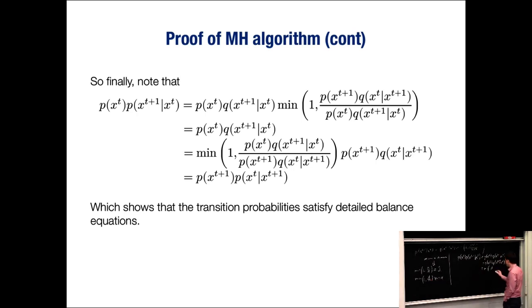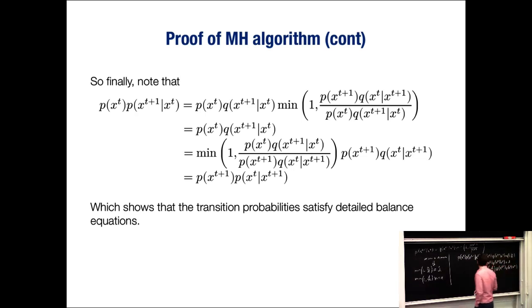Let's write it out: the numerator here is equal to p of xt plus 1 times q of xt given xt plus 1.